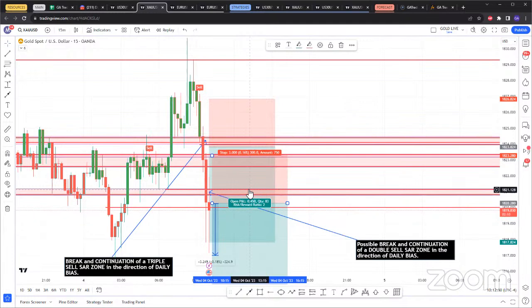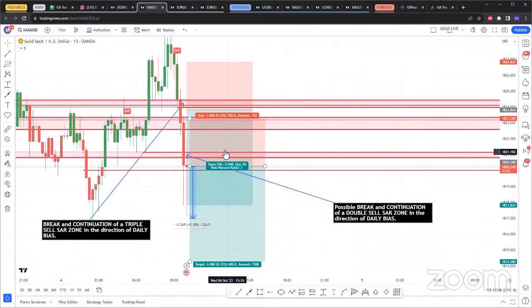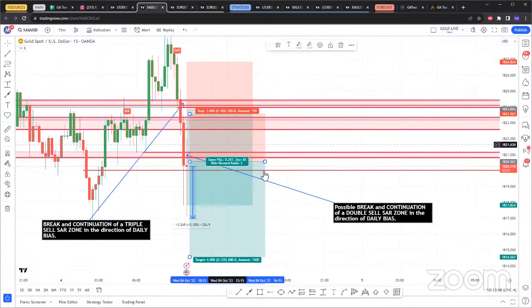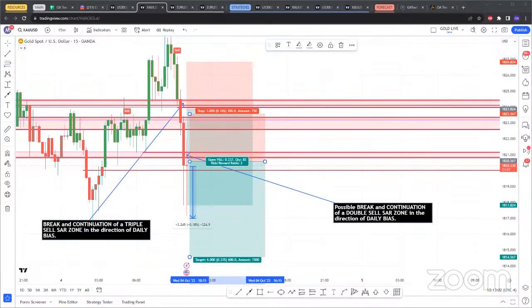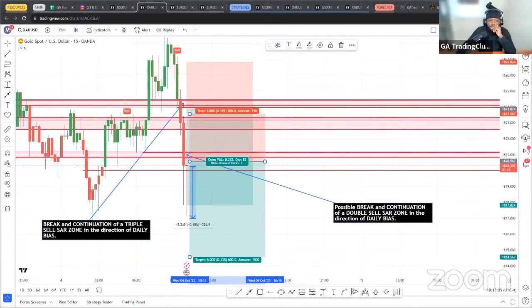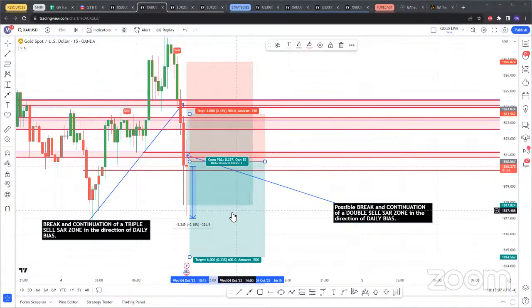The second candle, when you said if it closes too far away from these double SARs, let's just say it closes around 1970.